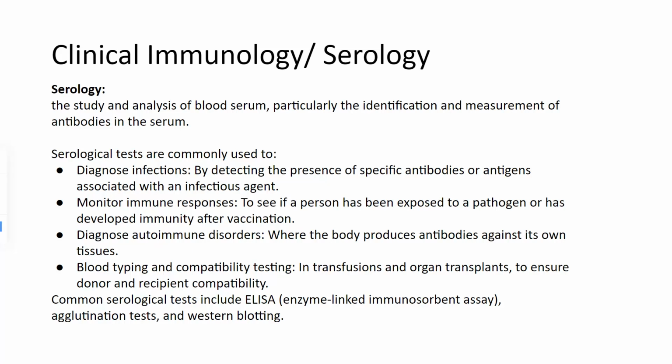So in serology, we can determine if patients have certain types of antibodies in their blood, and that can tell us if they've ever been exposed to a particular pathogen, if they have certain diseases, or if they've been vaccinated and their vaccine status is still good.